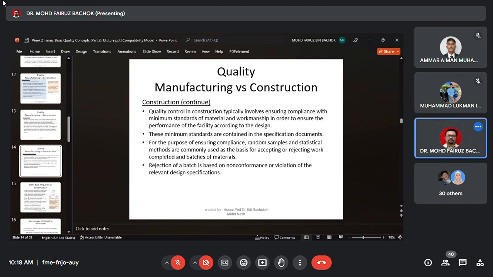For the purpose of ensuring compliance, random sampling and statistical methods are used as the basis. Once you construct things at the site, you need to do it piece by piece. Don't do it in one go, at the same time. Let's say you want to build a big foundation.